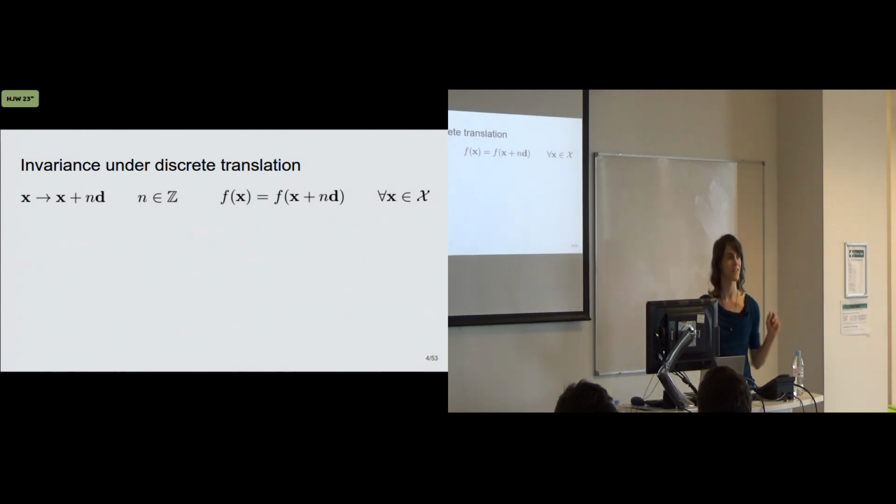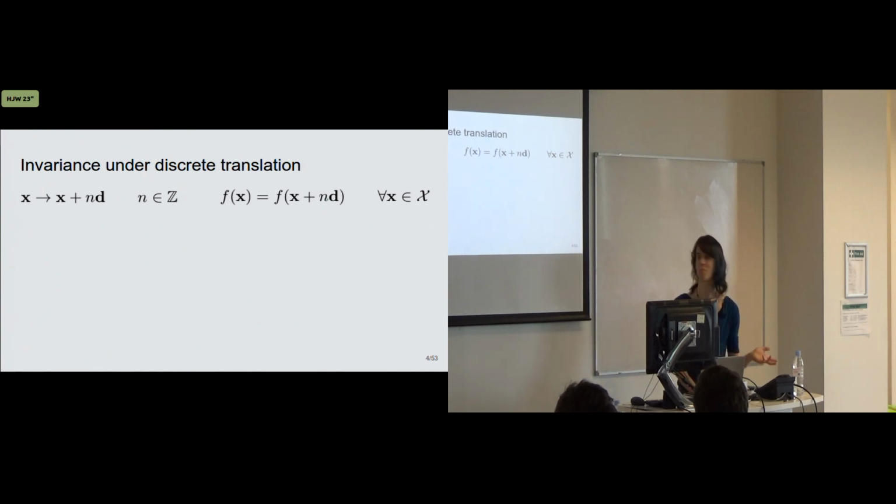Discrete translation symmetry is we take any point x and we shift it by some fixed amount, called d in this example. And our function is invariant if f of x is the same as f of x plus d. But you can also just move the d to the other side, so it has to be the same as f of x minus d, and you can do it multiple times. So it has to hold for all integer n.